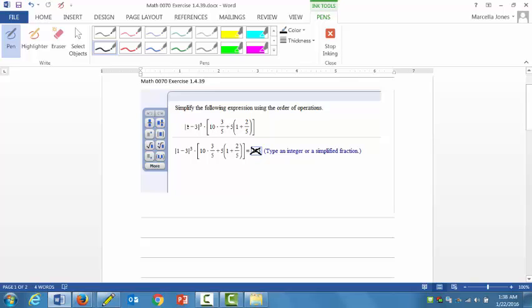So the first grouping is the absolute value. 1 minus 3 is negative 2. So I perform that operation inside the absolute value bars. Then I want to work on the innermost grouping here on this second grouping.